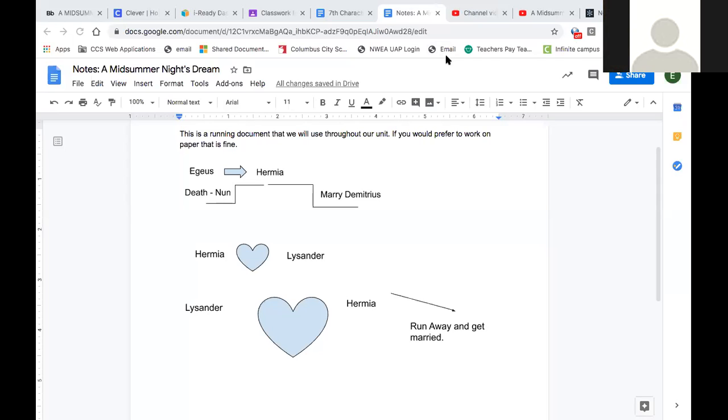No, let me screenshot it. I think I might end up drawing this in Notability because it's just easier.